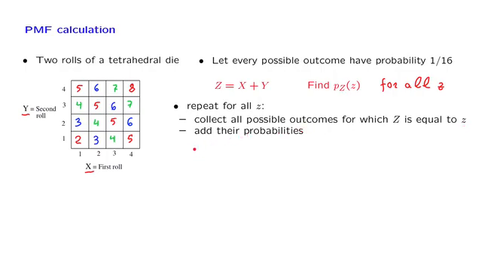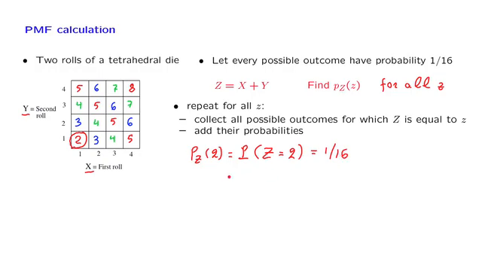So to illustrate this process, let us calculate the value of the PMF for little z equal to 2. This is, by definition, the probability that our random variable takes the value of 2, and this is an event that can only happen here. It corresponds to only one element of the sample space, which has probability 1/16.